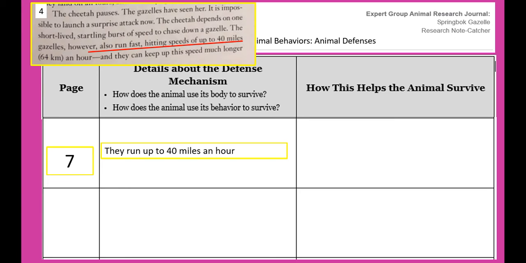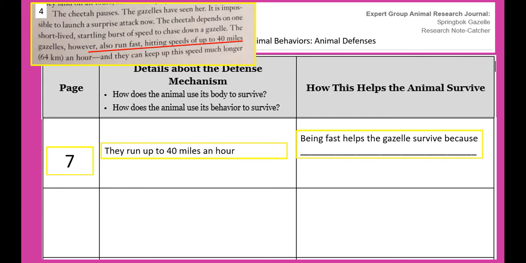So in the last box there in the third column, you're going to write, being fast helps the gazelle survive because blank. And you're going to fill in the blank with what you think it should be. Pause the video now so that you may have time to complete this in your research journal.